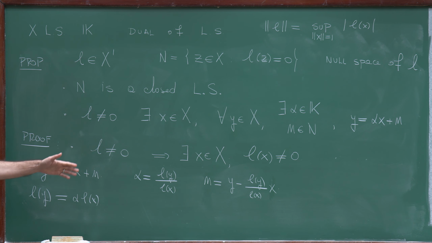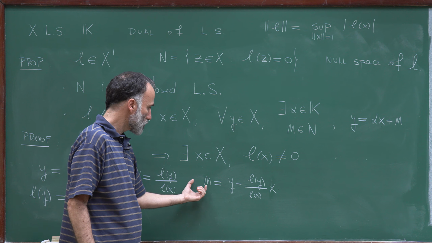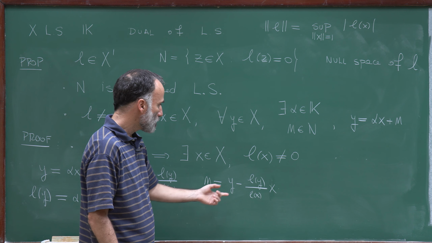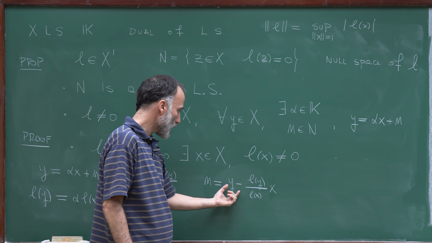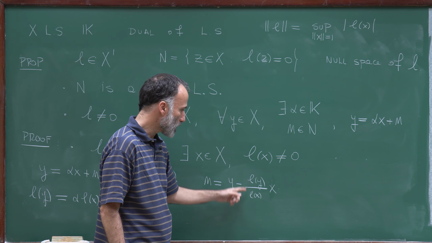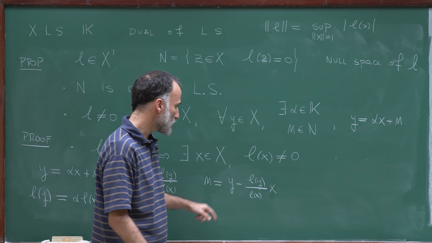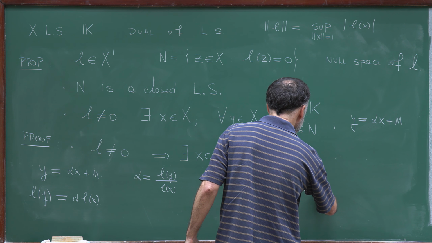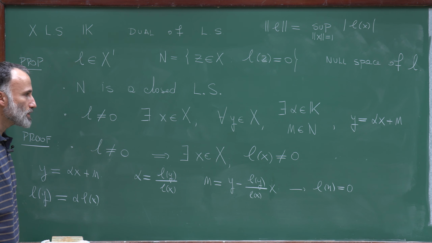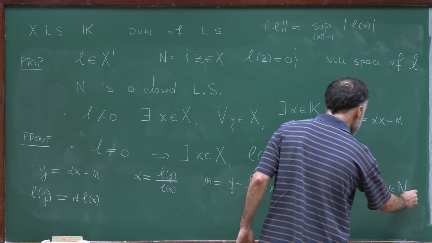And let me check that n belongs indeed to the null space. So let's apply L to both sides. L of n is equal to L of this expression. But L of this expression, by linearity, is L of y minus, well, this is a scalar, so I get L of x. Multiplying this scalar, L of x will cancel with L of x. L of y will remain, which will cancel with this L of y. So from this computation, I get that indeed L of n is equal to 0, which means that n belongs to the null space.